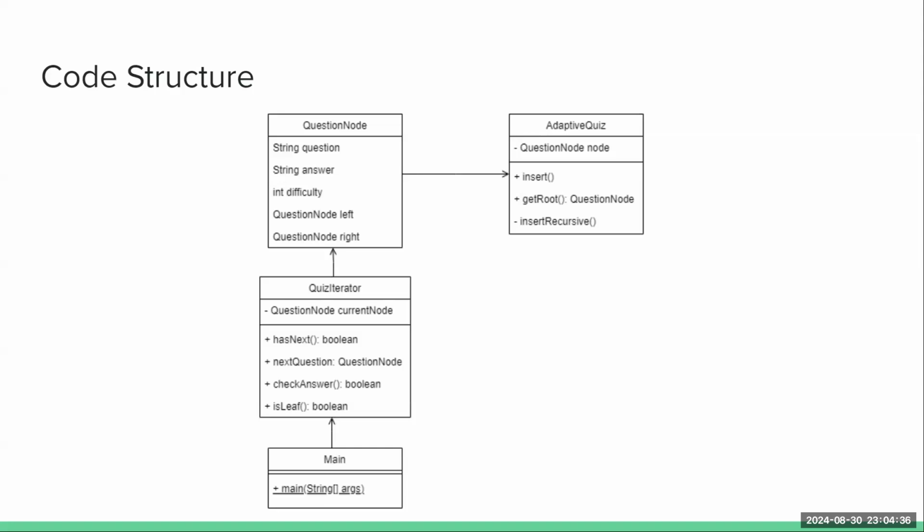It would adapt the quiz based on the user's answers by moving to a more difficult question for correct answers and an easier one for the incorrect answers. The adaptive quiz class manages the binary search tree by inserting questions based on difficulty and providing methods to retrieve the root node. And finally, the main class would initialize the quiz using lots of quiz questions and also provide the user an interface to interact with the quiz.